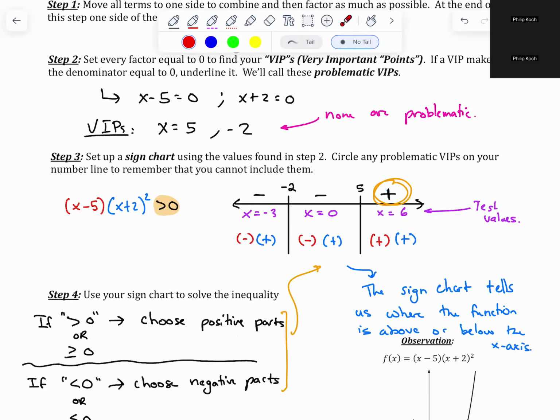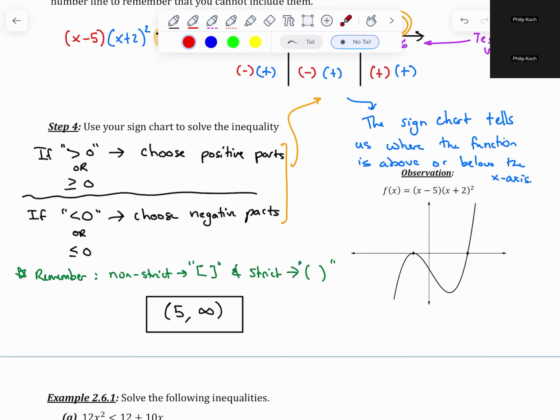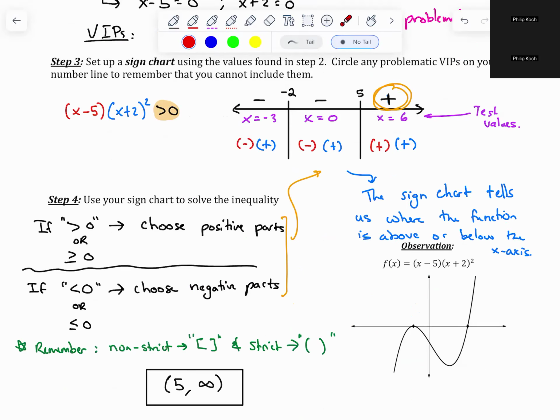We have to make the sign chart to answer the question, but I'm getting a bunch of things I want to talk about all at the same time, and I'm trying to figure out the best way to do it. This function, f of x equals x minus 5 times x plus 2 squared. Based on our knowledge of 2.2, we know how to graph that.